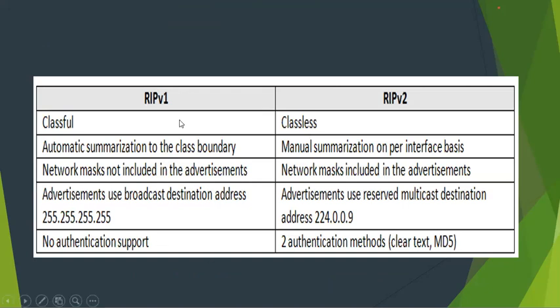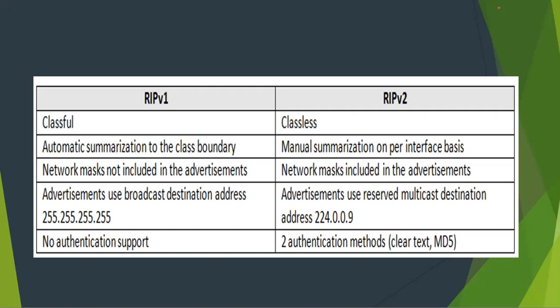So firstly, routing information protocol version 1 consists of classful addressing, but in case of version 2, it is classless. So that means in classful addressing, you will not have the capability for VLSM. That is, you cannot have variable length subnet mask.